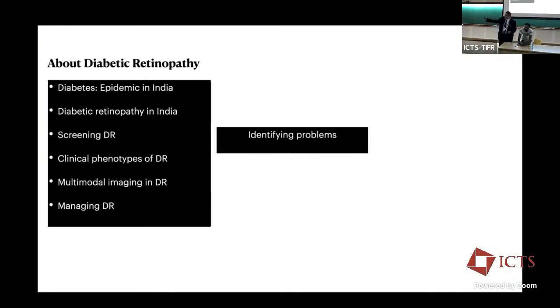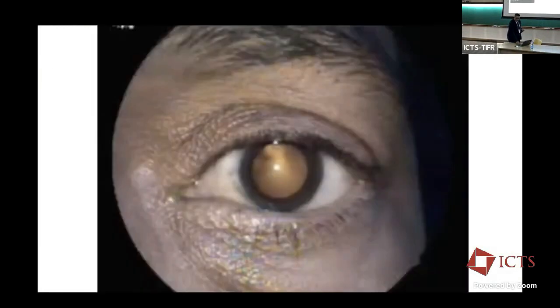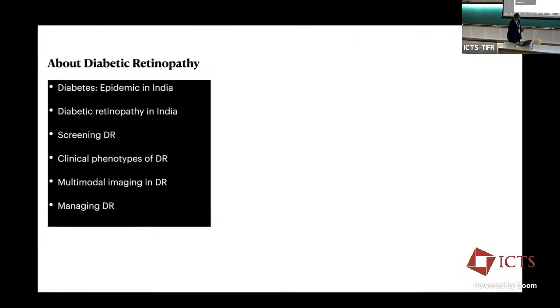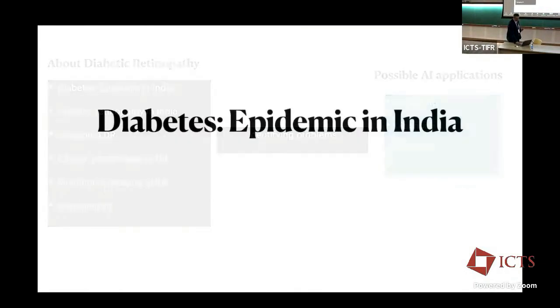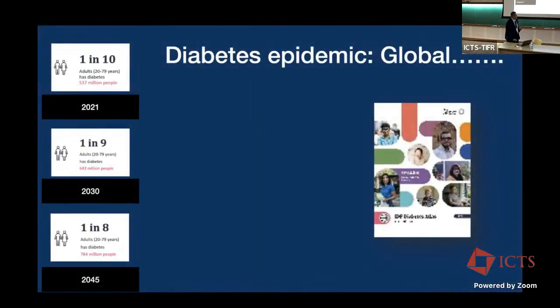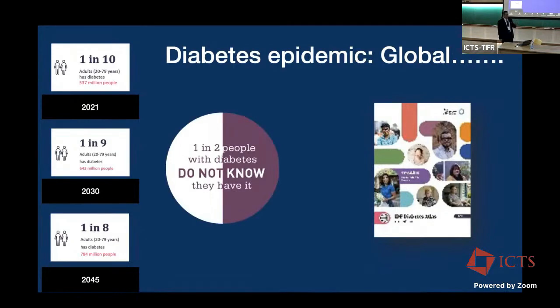I say, yeah, this. On your system, you're seeing it correct? Let's start from now. So the problem is that 1 in 2 people even don't know. So I'm not seeing that.